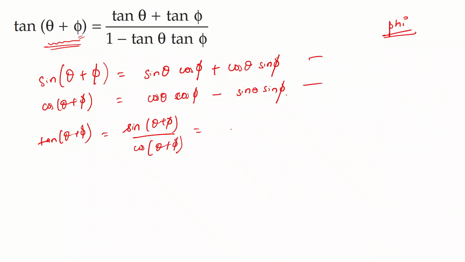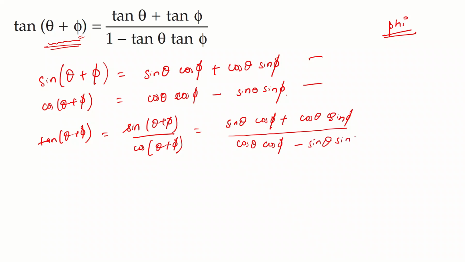So we get sin theta cos phi plus cos theta sin phi, whole divided by cos theta cos phi minus sin theta sin phi. Okay, now what we do, we divide the numerator and the denominator by cos theta cos phi.